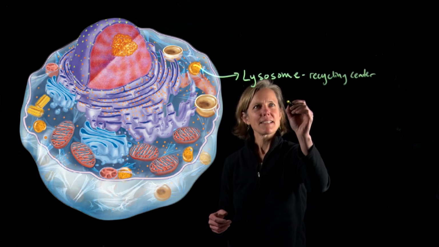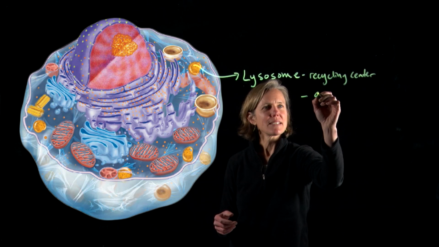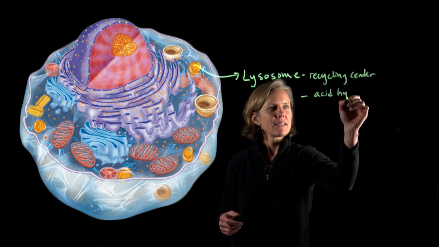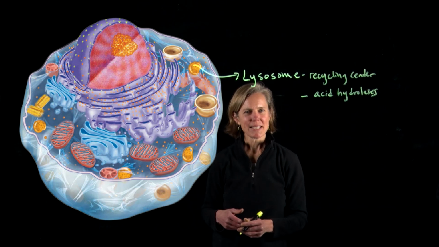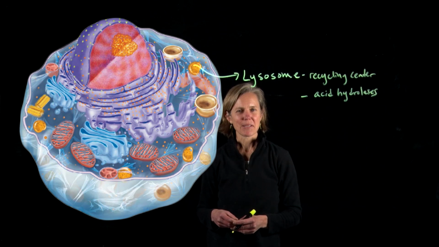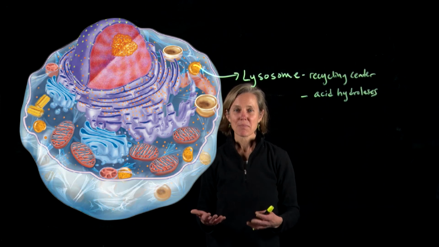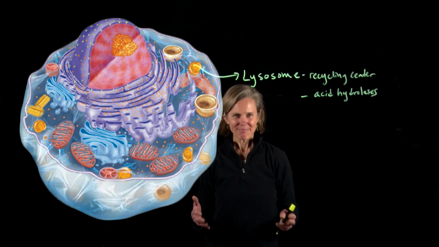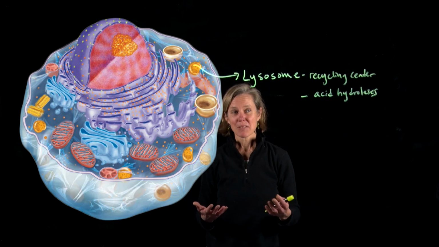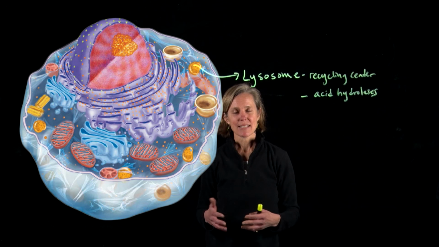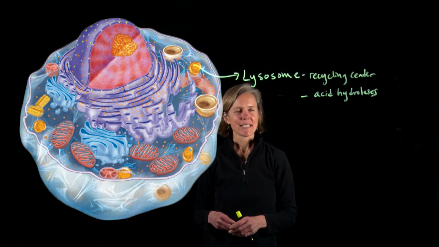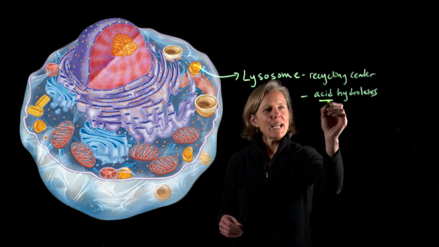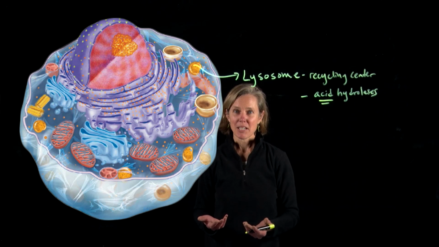It contains enzymes called acid hydrolases that break down the major biological macromolecules into their monomers, and then those monomers can be reused by the cell. So for example, it breaks down nucleic acids into nucleotides, breaks down proteins into individual amino acids. They're called acid hydrolases because they function in the acidic environment of the lysosomes.